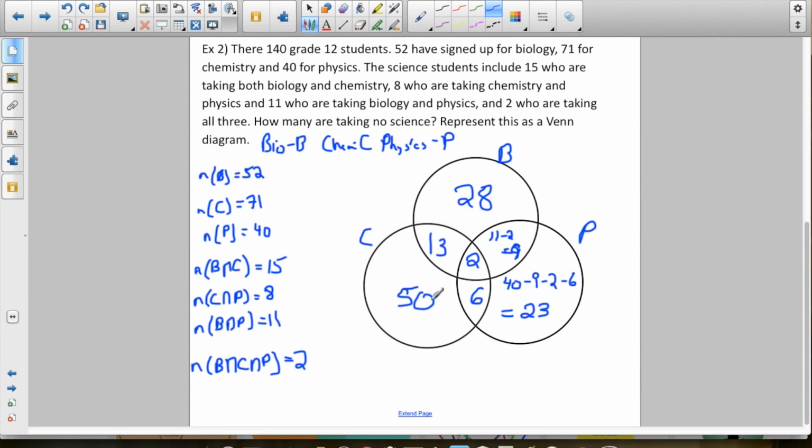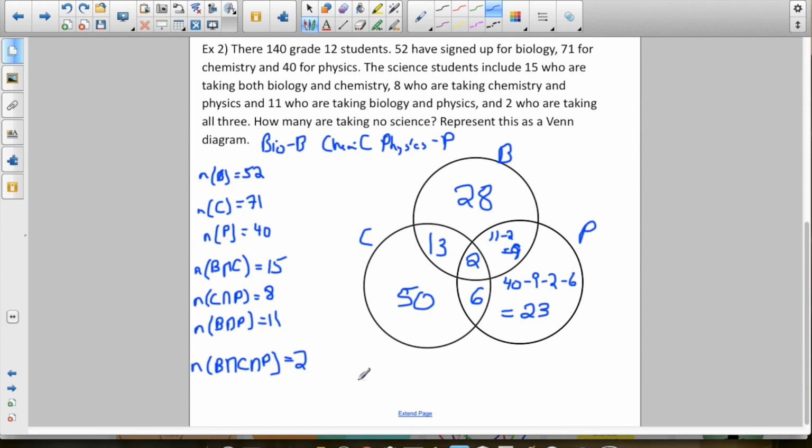Okay, so this is the whole number of students taking science. If I add all of these numbers up, it should add up to the total number of the union of bio, chem and physics.